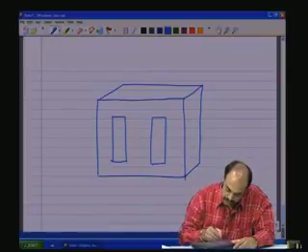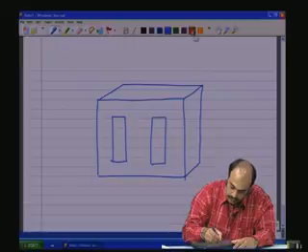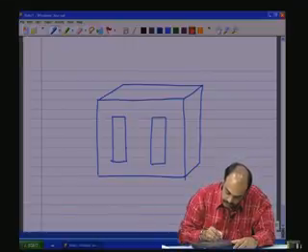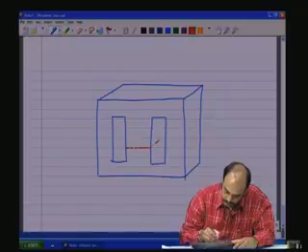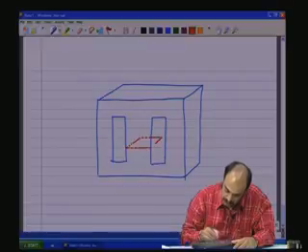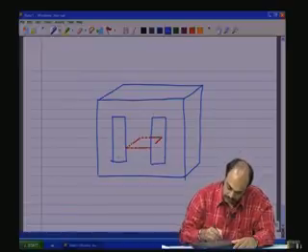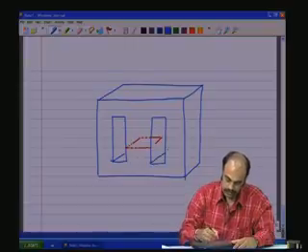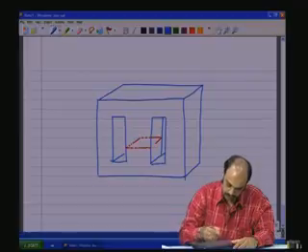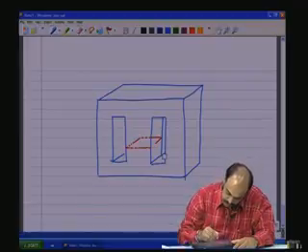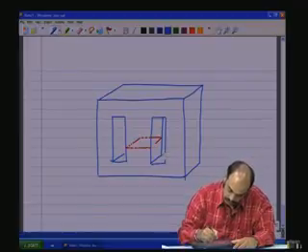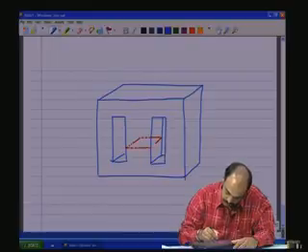Now, this core cross section area, let me show it in a different color, in this 3D image here, like that.